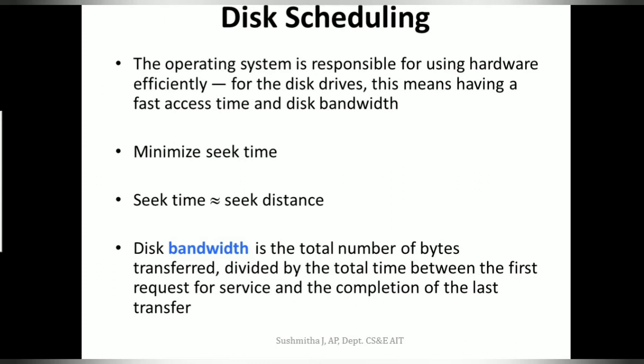Now, as seen earlier, the access time depends on the seek time and the rotational latency. The disk bandwidth is the total number of bytes transferred, and we have seen the equations there, divided by the total time between the first request for service and the completion of the last transfer.